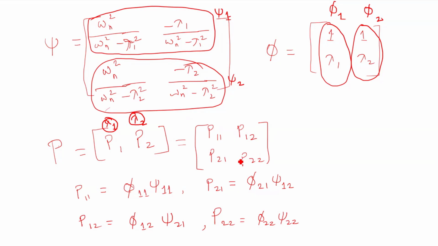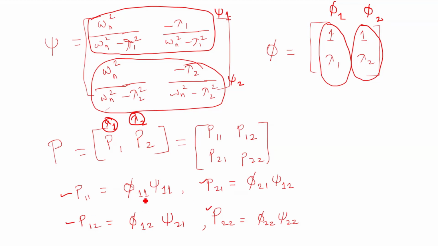So now if I find P11, this will be phi11 psi11, P21 is phi21 psi12, right? So all the elements of the P matrix I can find, after multiplying these eigenvector elements, right? So I will find each of the elements, right?